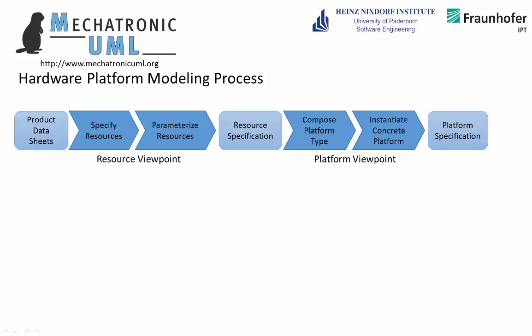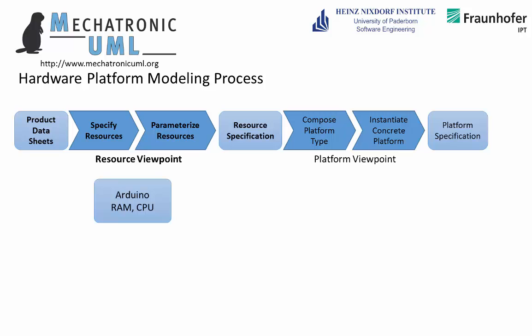The modeling of a hardware platform like our Arduino car is classified into two main viewpoints to separate different concerns. The first viewpoint is the resource viewpoint. Based on the product datasheet, the general types of a resource and the general attributes are modeled. In our case, the resource type Arduino board, its memory and processor are modeled.